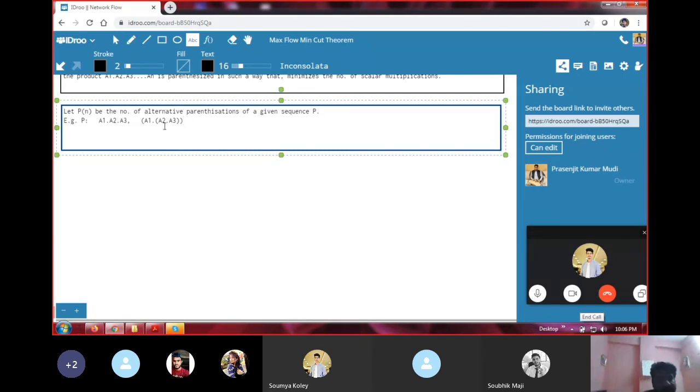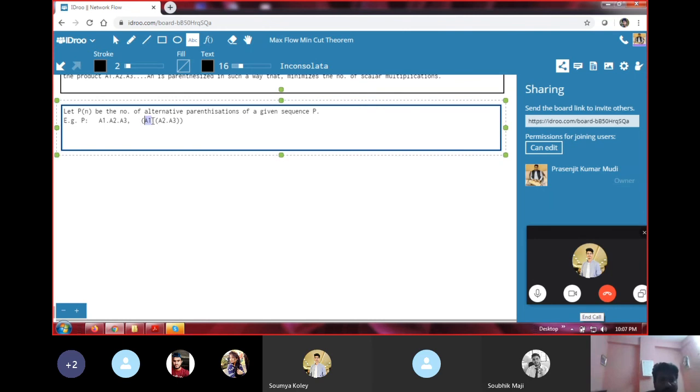If I put parentheses on A1 itself, here we are not providing parentheses like this because it's a single matrix. So no need to put A1 inside a bracket. No brackets means A1 is parenthesized.